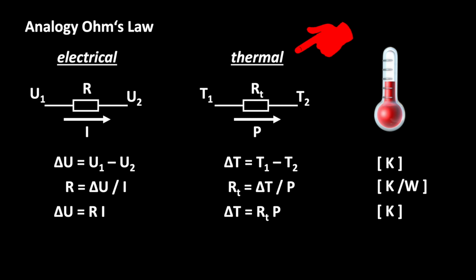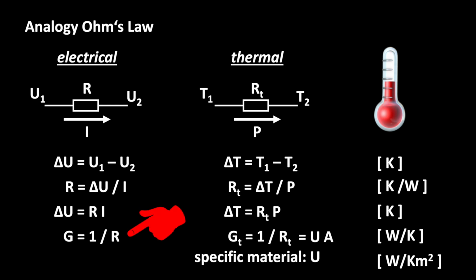Analogously to the electric resistance, we can also say here that the resistance RT is equal to the temperature difference delta T divided by the heat flow P, or power flow P is equal to delta T divided by the thermal resistance RT. So if we want good thermal insulation for a house, then the thermal resistance of the walls must be high. Now, where do we get the thermal resistance from?